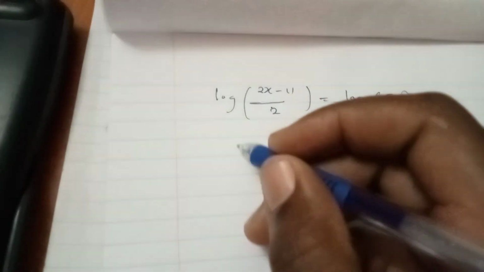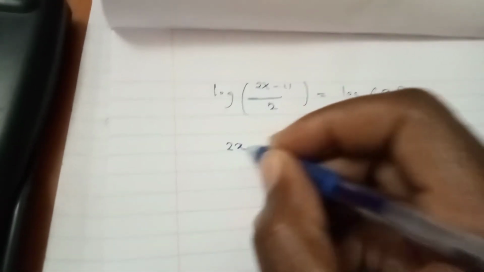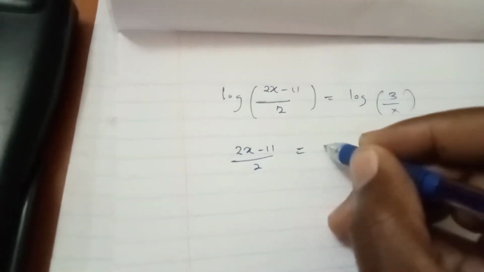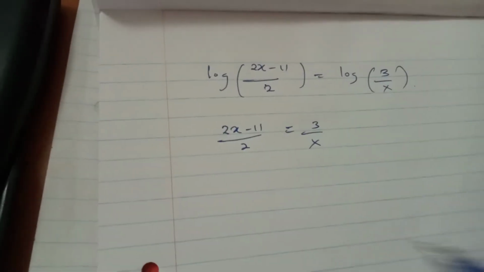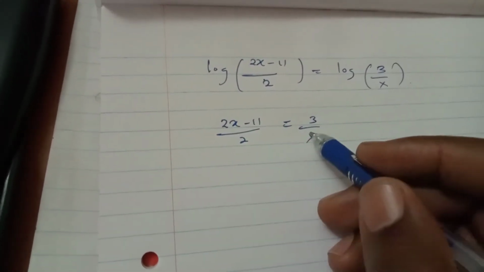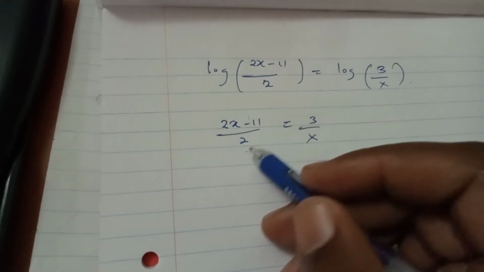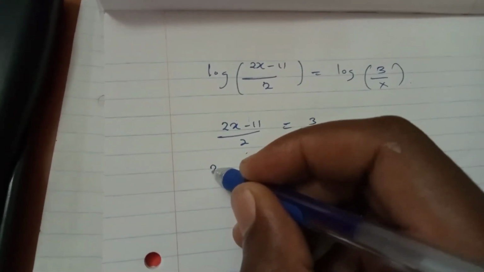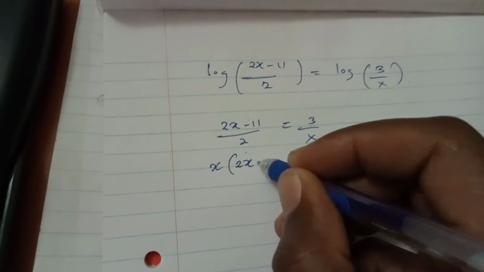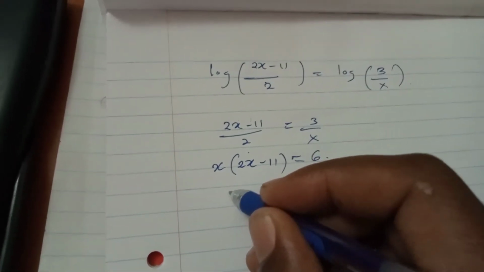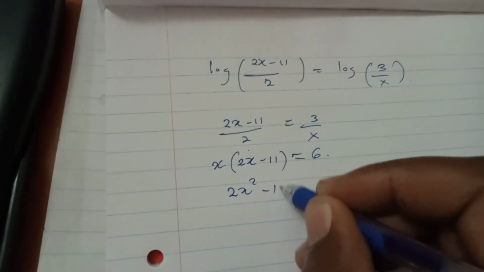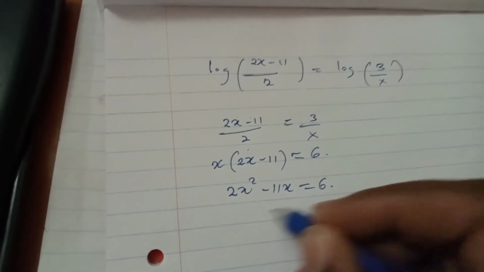So we have decided that we take 2x minus 11 over 2 and we equate to 3 over x. Now from here, this is a quadratic equation, because if you multiply by x this side and 2 on that side, on the left hand side we have a quadratic expression. So this is 2x squared minus 11x is equals to 6.